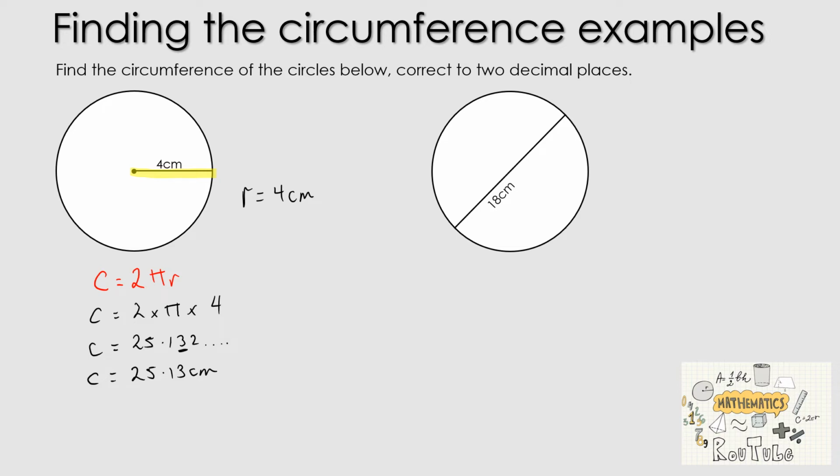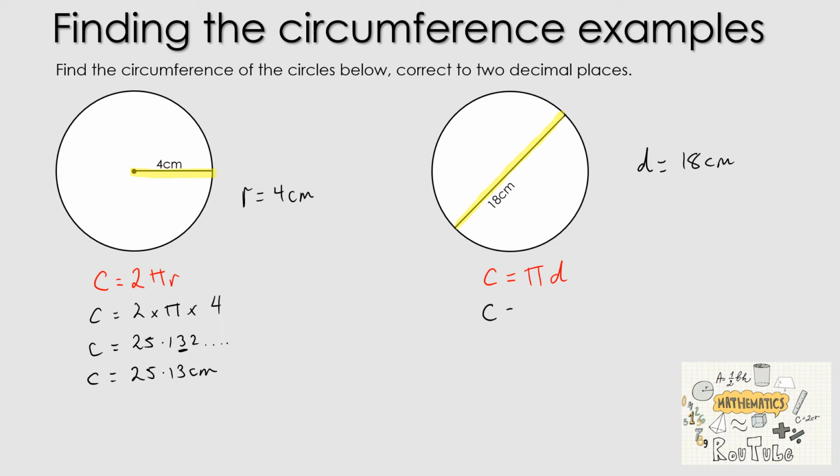Hopefully you've identified that we have been given the diameter, which is from one end of the circle all the way to the other end. So here we're going to write D equals 18 centimeters. Like we did before, we're going to write down the formula that has the D. So here the formula is C equals pi D, which is pi times your diameter.